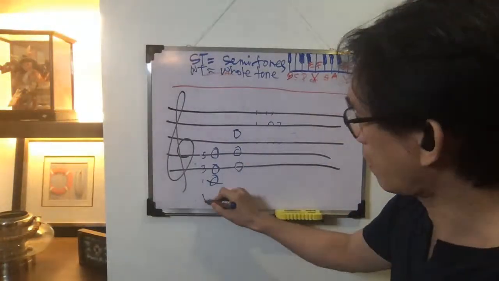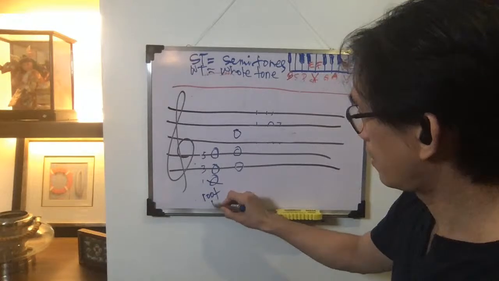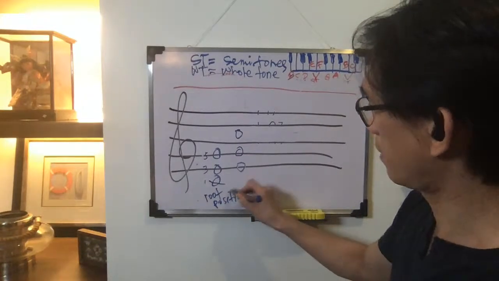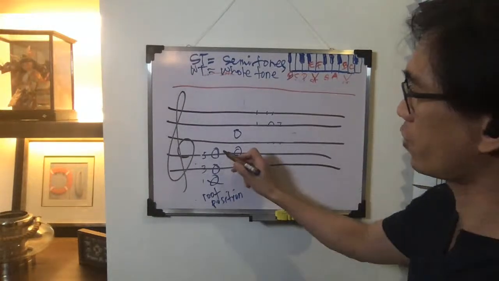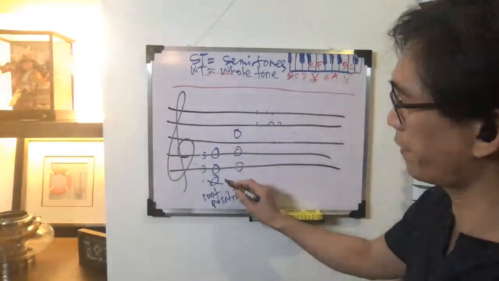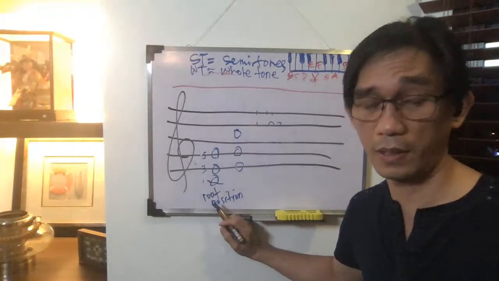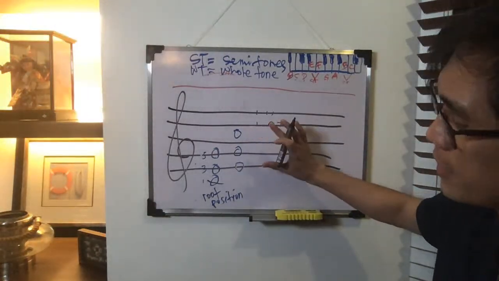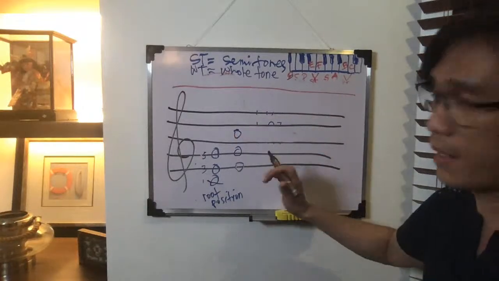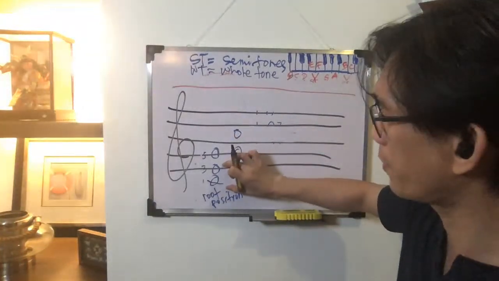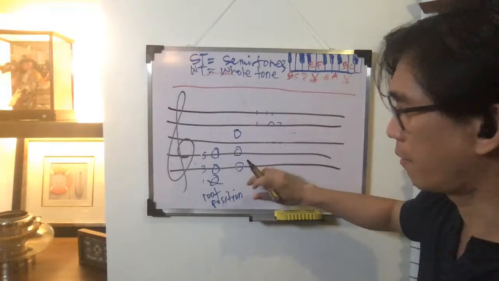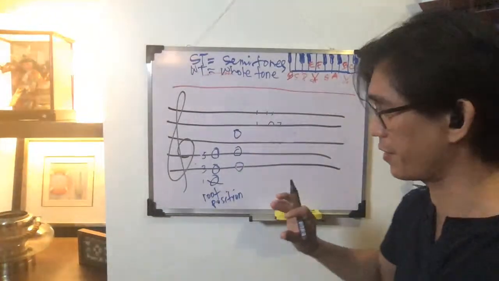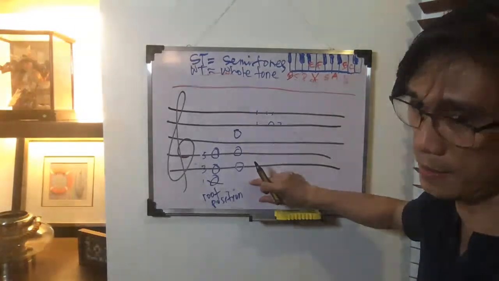So now we call this chord the root position. So the first one here is in root position. If you see chords like this scattered, not superimposed thirds, then you'll have to rearrange them so that you would know the key signature.